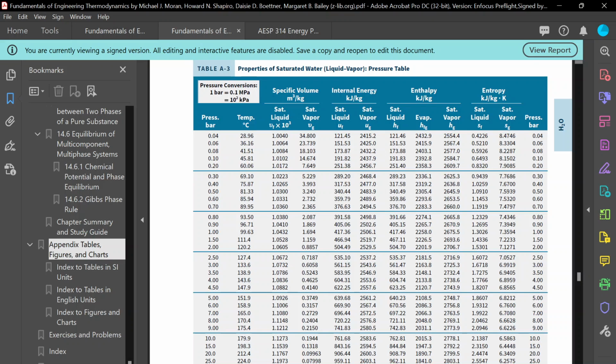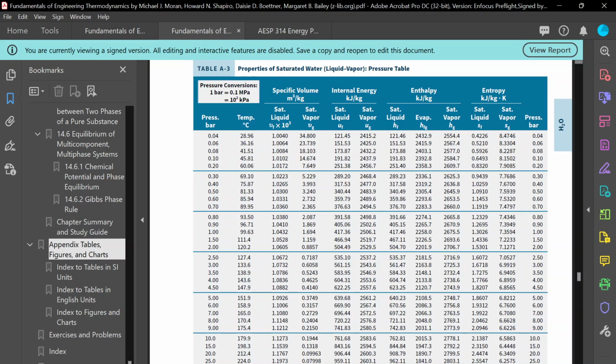But I'm specifically talking about entropy, because what happens in a turbine is an isentropic process. The same is true for a pump. So if you read the S3, you essentially have the entropy at station 4 as well, right?